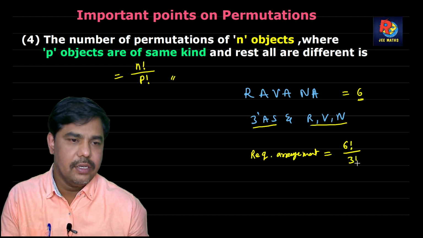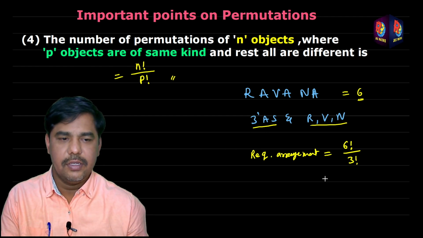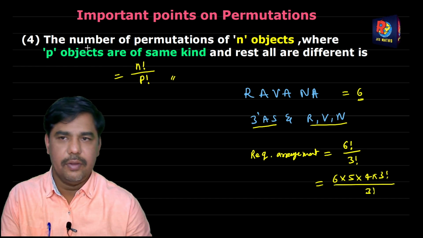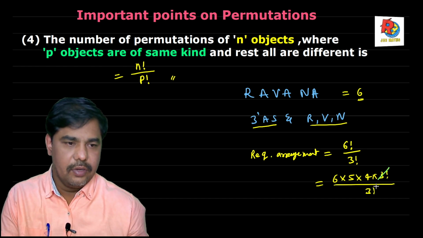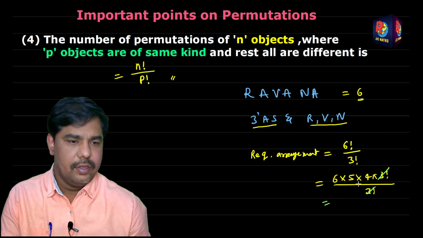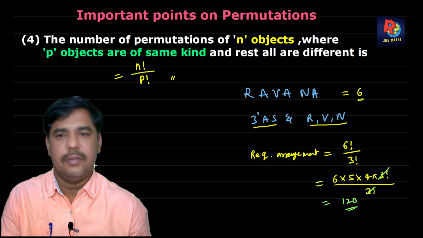Those 3 A's will be arranged in 3 factorial ways. So the required answer is 6 into 5 into 4 into 3 factorial by denominator 3 factorial. Now 3 factorial gets cancelled. So 6 fives are 30, into 4, 120 is the answer.